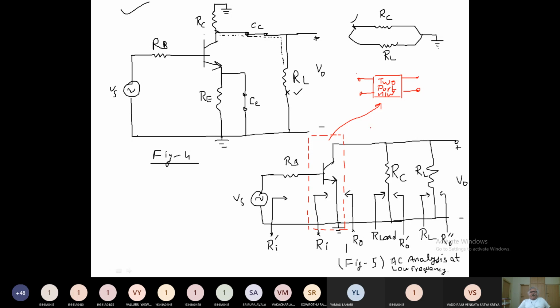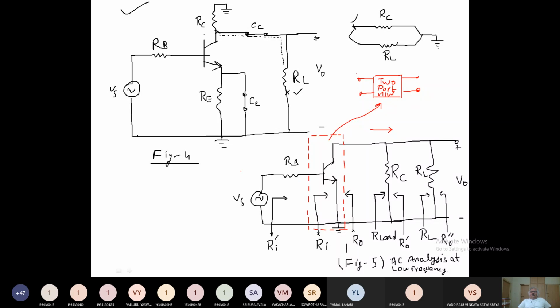At the output section you have connected RC and RL in parallel to this transistor. You only have to use the series and parallel combination formulas of resistance, and you can calculate various things. Whereas in the input section you see RB, it is in series.